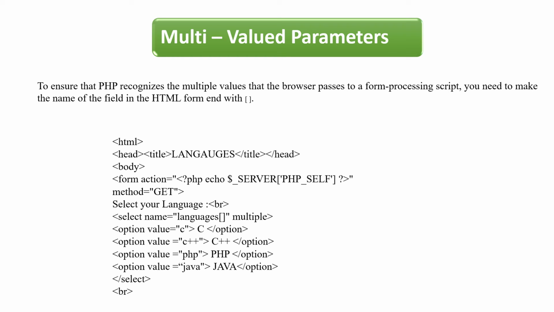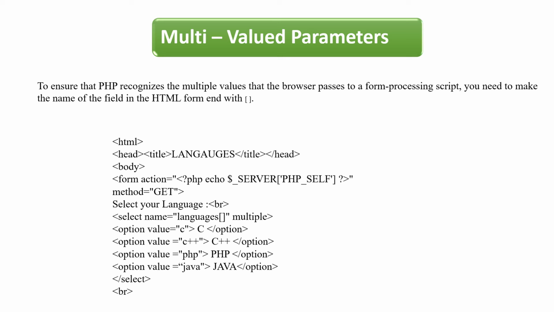After that, multi-value parameters. An HTML selection list created with the select tag can allow multiple selections. To ensure that PHP recognizes the multiple values that the browser passes to a form processing script, you need to make the name of the field in the HTML form end with square brackets, which means an array.